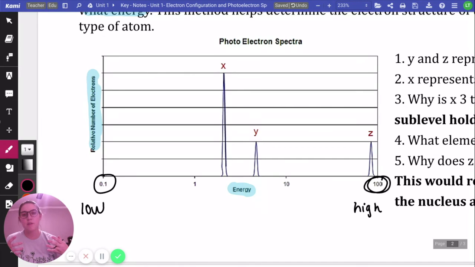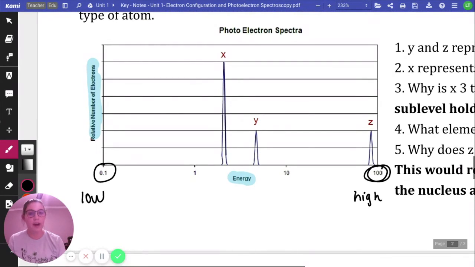That can actually be useful to tell us what we are looking at, based on that energy. If you remember back when you talked about periodic trends, I think just last week, so hopefully it's still fresh, you talked about ionization energy, or how much energy it takes to lose an electron. So the energy it takes to emit those electrons can tell us which ones are closer to the nucleus and which ones are further, or which ones take more energy to be emitted.